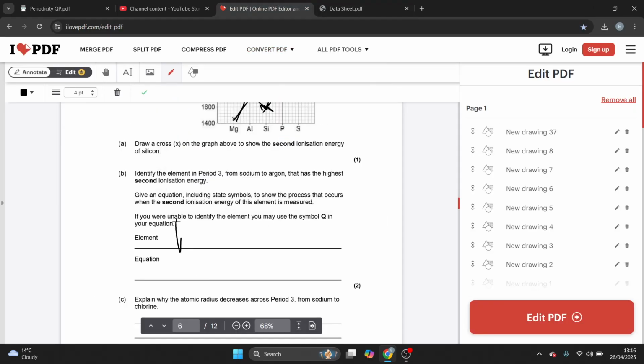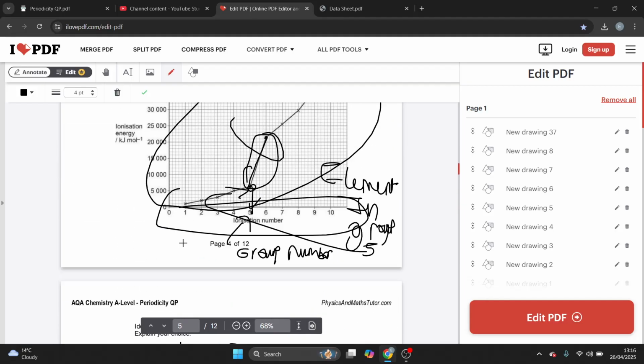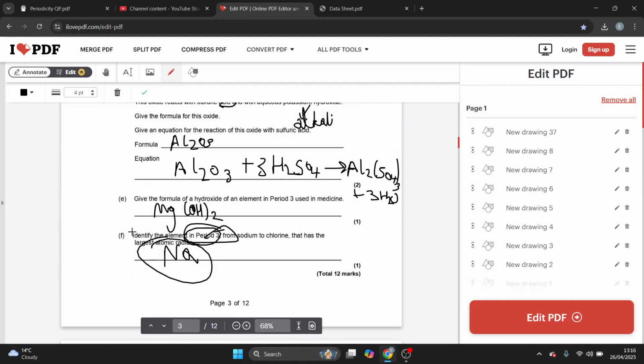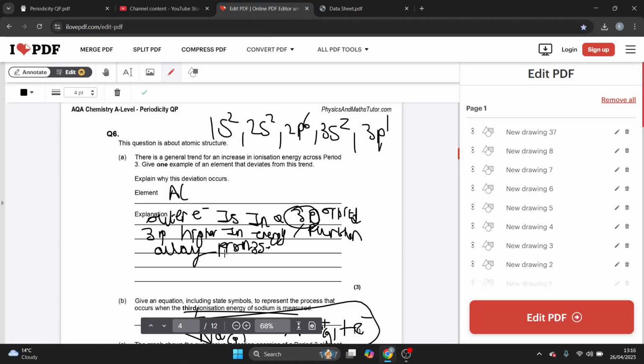It's going to be sodium. Just like the previous question, which asked for the element from sodium to chlorine with the largest atomic radius, the largest atomic radius is sodium.